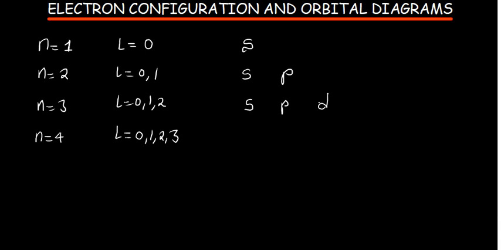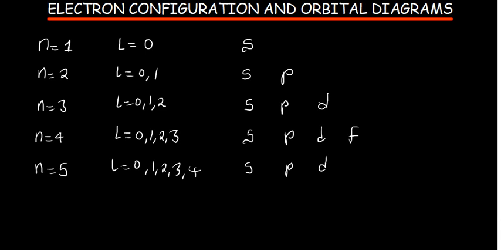Meaning that the orbitals we're going to have: when L is equal to 0, that is S, L is equal to 1, that is P, L is equal to 2, that is D, L is equal to 3, that is F. For n is equal to 5, L is going to be 0, 1, 2, 3, and 4. 0 is S, 1 is P, 2 is D, 3 is F, 4 is G. Actually, we just end at G. I don't know what comes after G. And mostly you just use SPD most of the time.